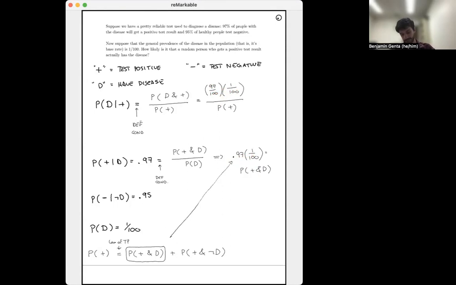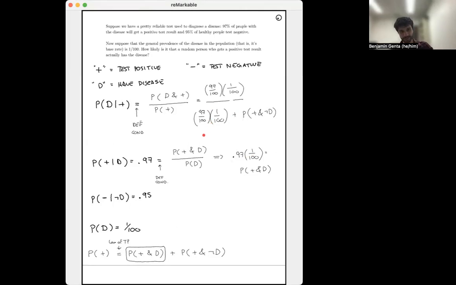Okay, so right over here, we have the probability that you test positive, and this is 97 over 100 times 1 over 100, plus the probability that you test positive and you do not have the disease.